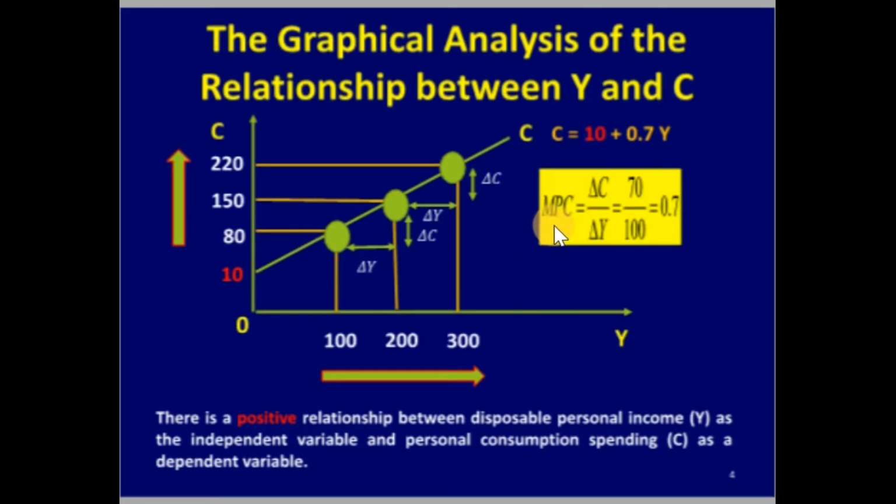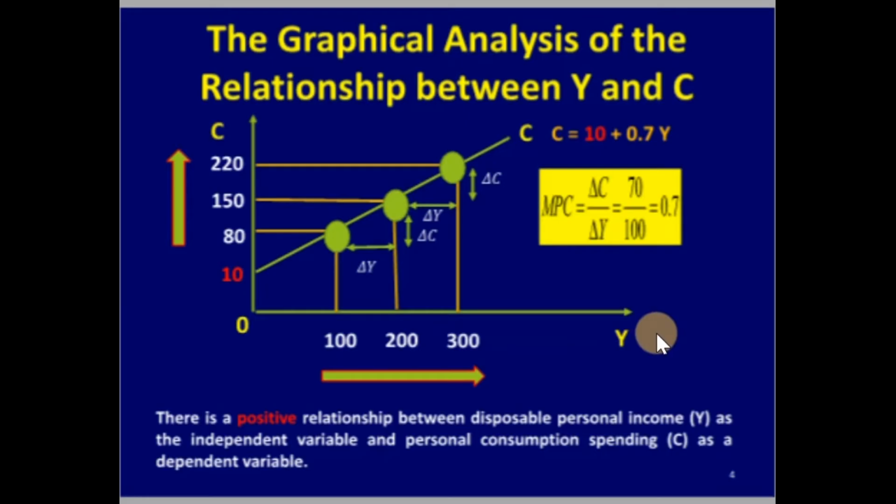Therefore, MPC equals the change in consumption spending divided by the change in disposable personal income equals 70 divided by 100 equals 0.7. 0.7 means that 70% of the increase in the disposable personal income is spent on goods and services.